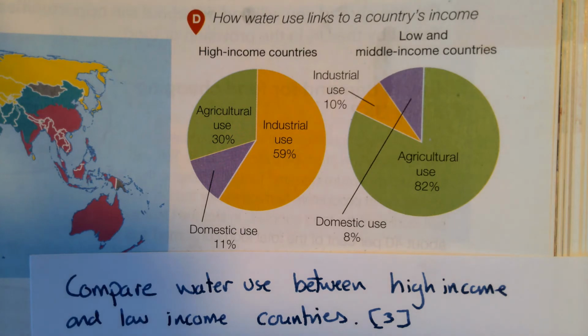Okay, before we move on, let's just do a quick bit of graphical analysis, something that will come up in your exams a lot. Here you have 2 pie charts showing the water use of high-income countries and low-middle-income countries. What I would like you to do is to answer this question. It's worth 3 marks. Compare water use between high-income and low-income countries.